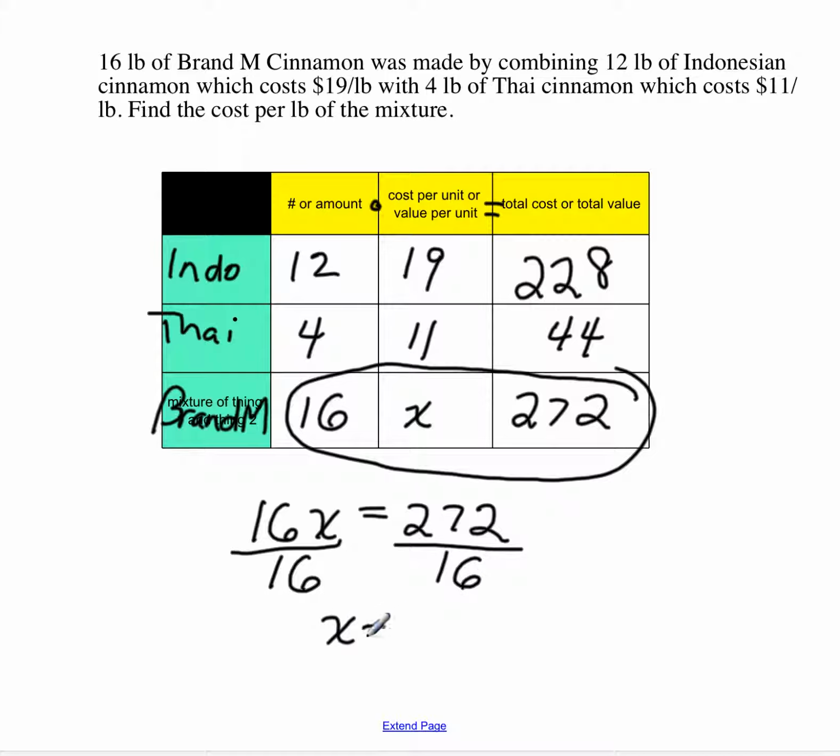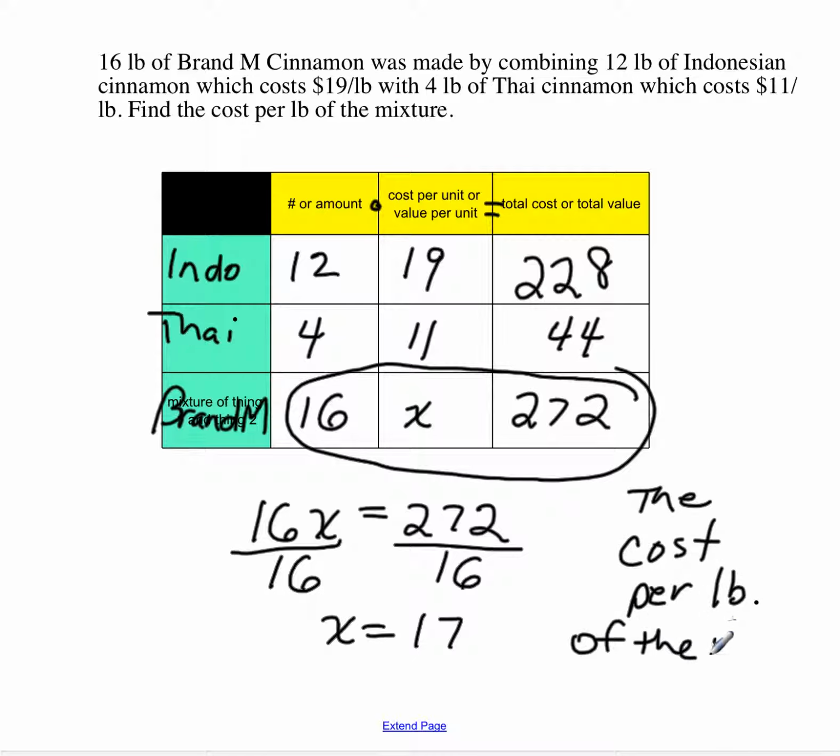So if I solve this, I get 17, which means that the cost per pound of the mixture is $17 per pound. Okay, that was a little redundant how I wrote it, but it does answer the question.